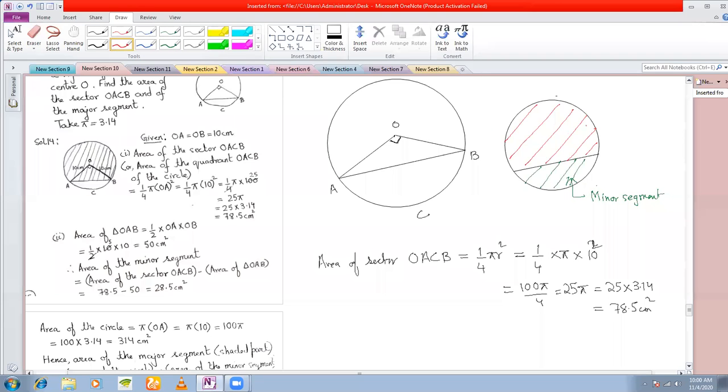And this is the bigger part, so this is called the major segment. The question here is to find the area of the major segment of this circle. So what is the major segment here? The major segment here is this.